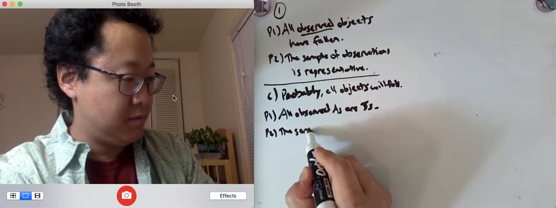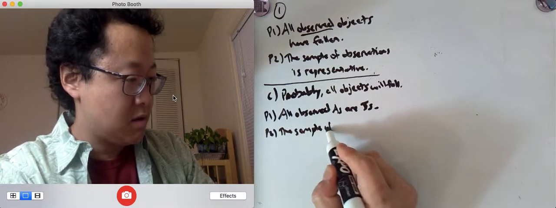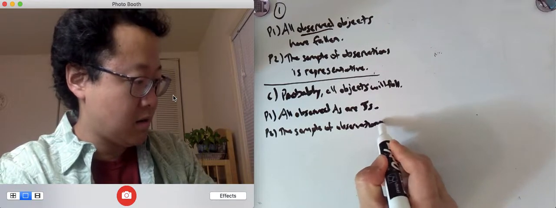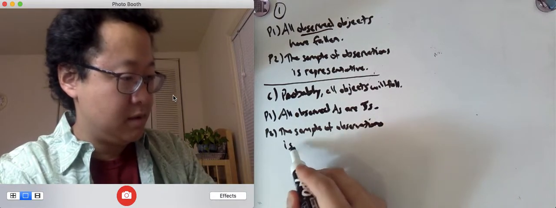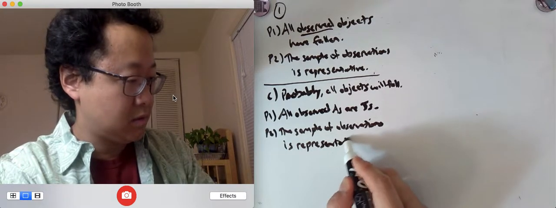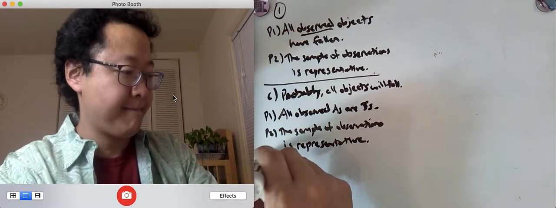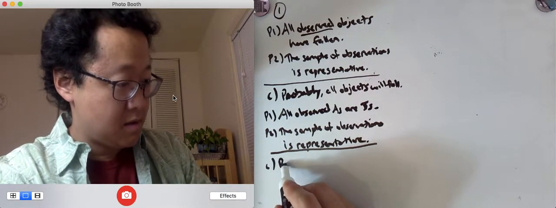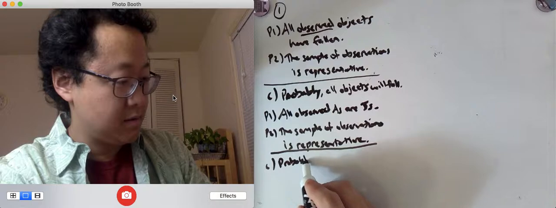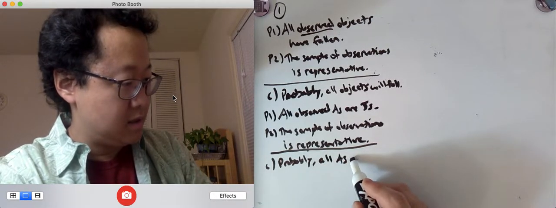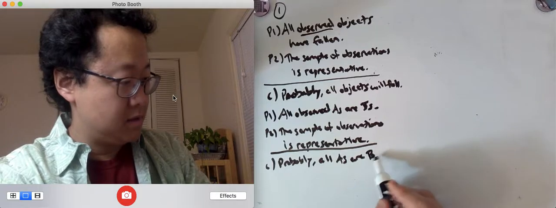The sample of observations is representative. Conclude. Probably all A's are B's.